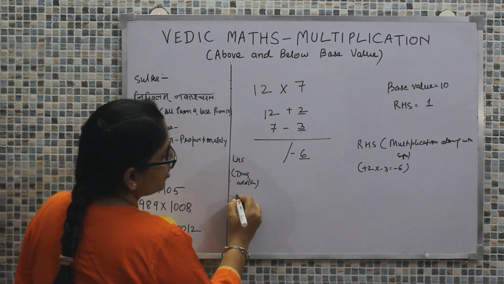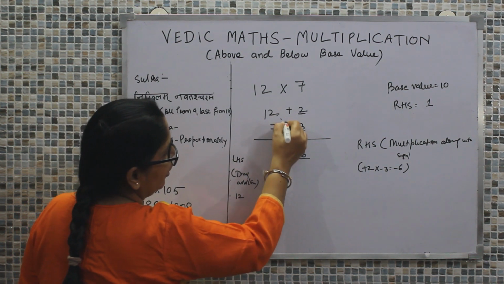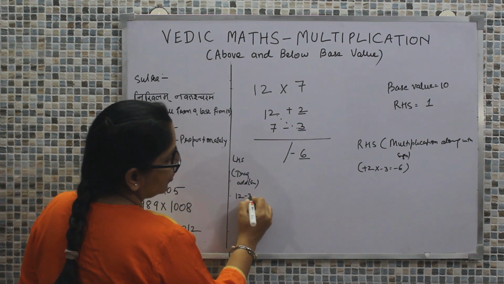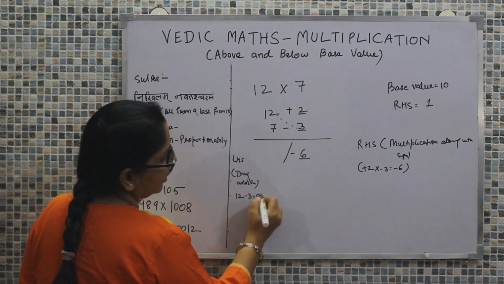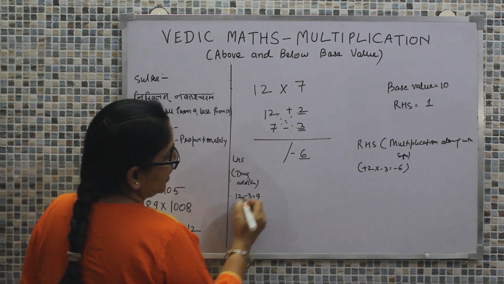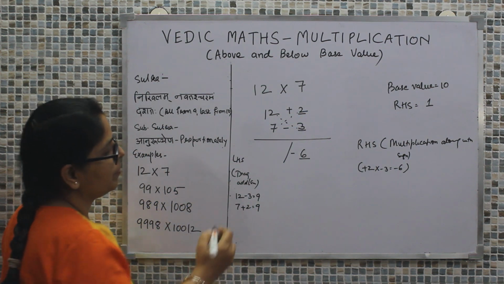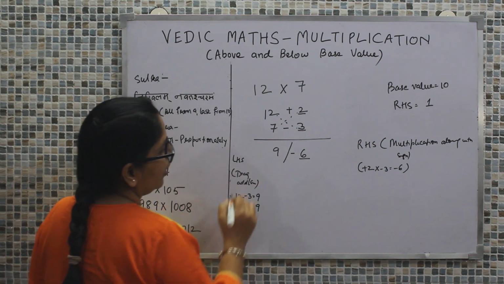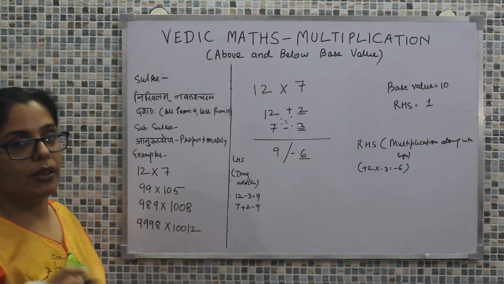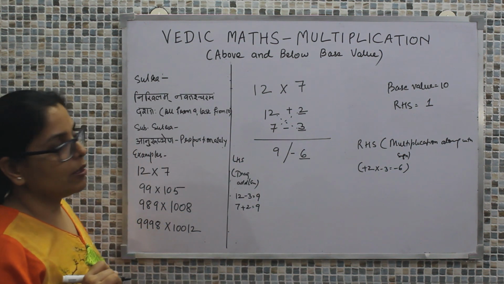Diagonal subtraction means 12 minus 3, that is 9. Or 7 plus 2, that is 9. So we have the LHS portion as 9 and the RHS portion as minus 6.